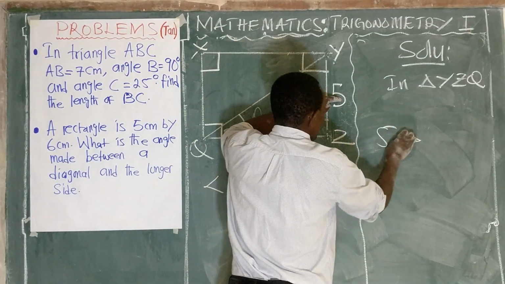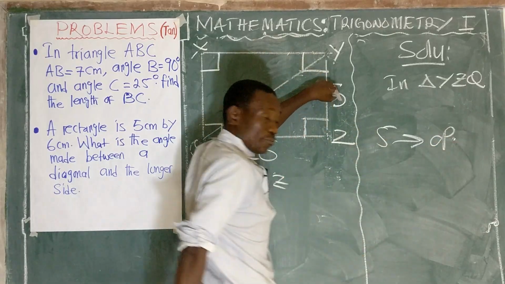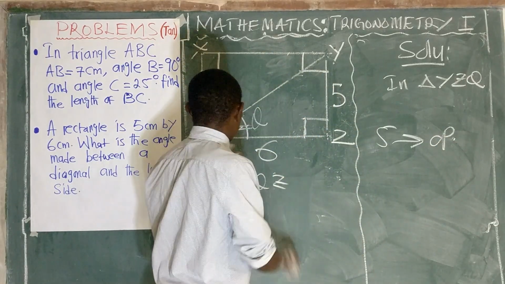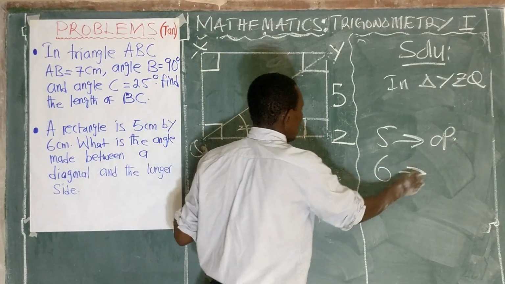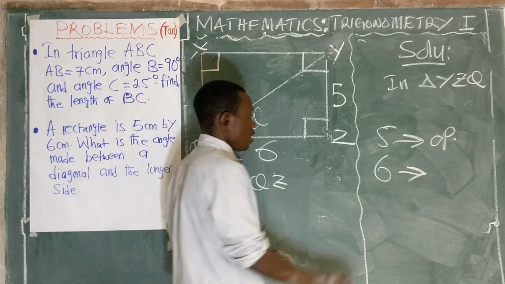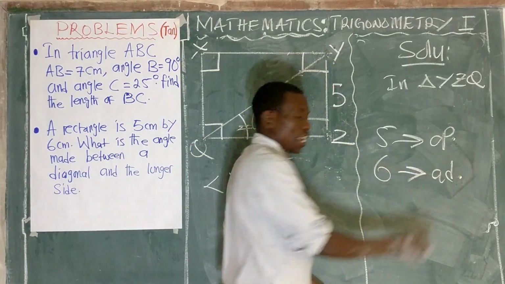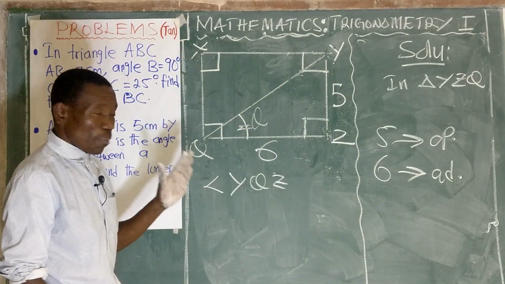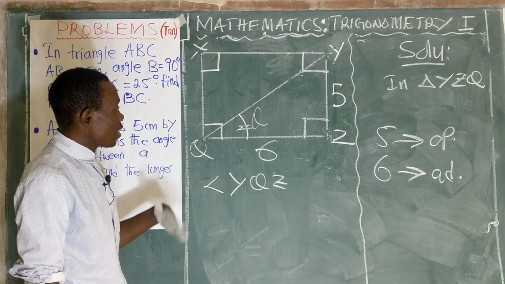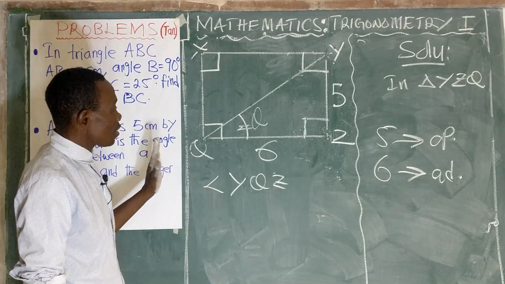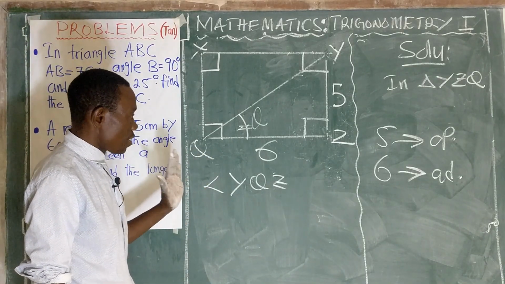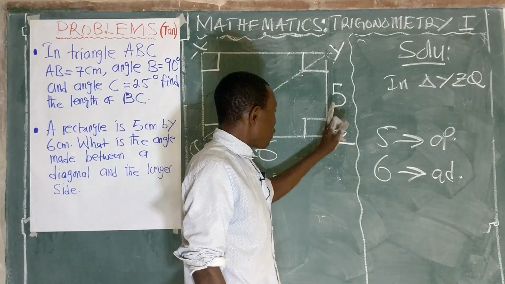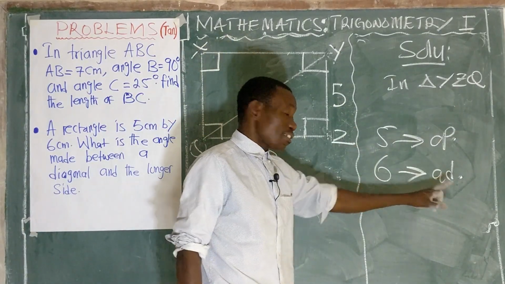So 5 is the opposite side. And 6 is the adjacent side. You just have to go by that. Here, 5 is opposite, 6 is adjacent.